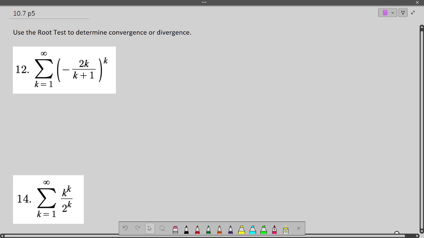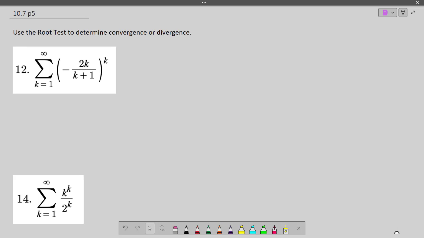So, root test. When we see a factorial, we are going to lean into the ratio test. If we see a power of k on the outside, we're going to lean into the root test, because the power of k is just going to vanish when we take that limit. So we are going to take the limit, and this is rho that we're finding, not r. Some books will call both of them r.